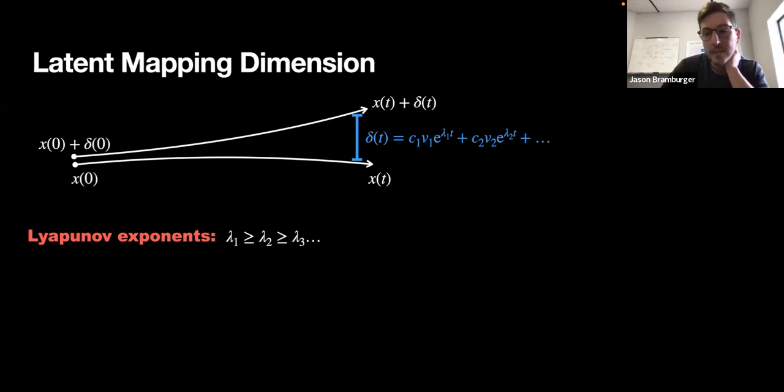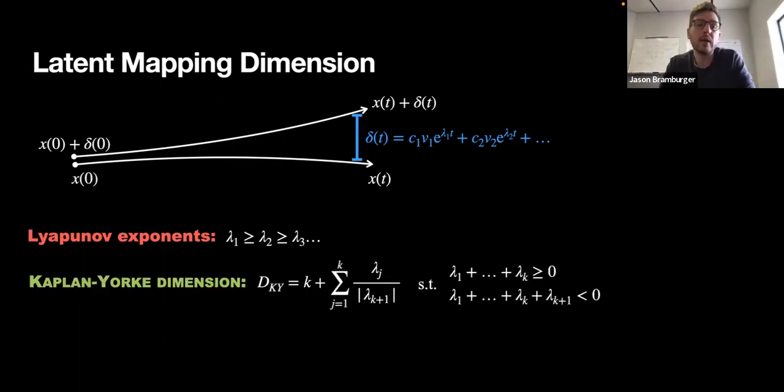Okay, so we typically understand a chaotic system to have at least one positive Lyapunov exponent. And this led to Kaplan and Yorke creating a famous conjecture that the Hausdorff dimension of your chaotic attractor is given essentially in terms of the number of positive Lyapunov exponents plus some little non-integer part.